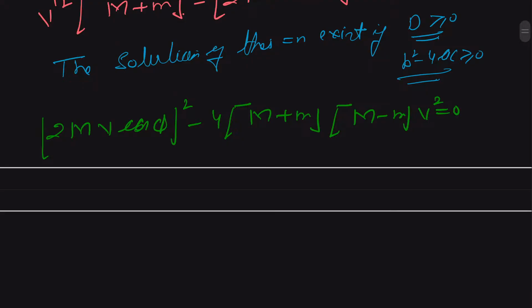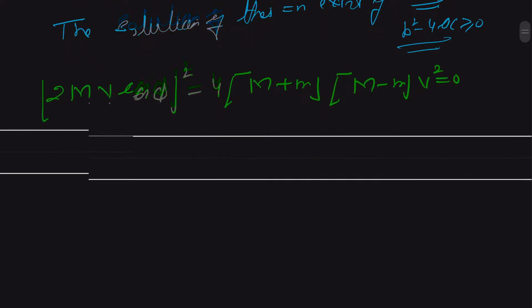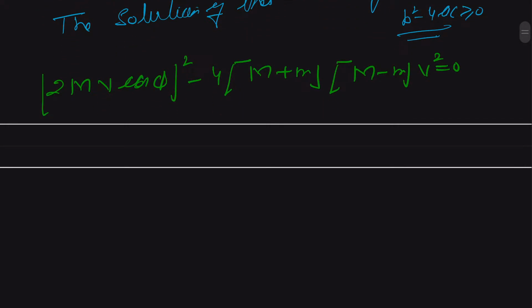And we can just open the bracket and we are going to get 4 m square v square cos square phi minus 4 times (M plus m)(M minus m) v square, which should be greater than or equal to 0.